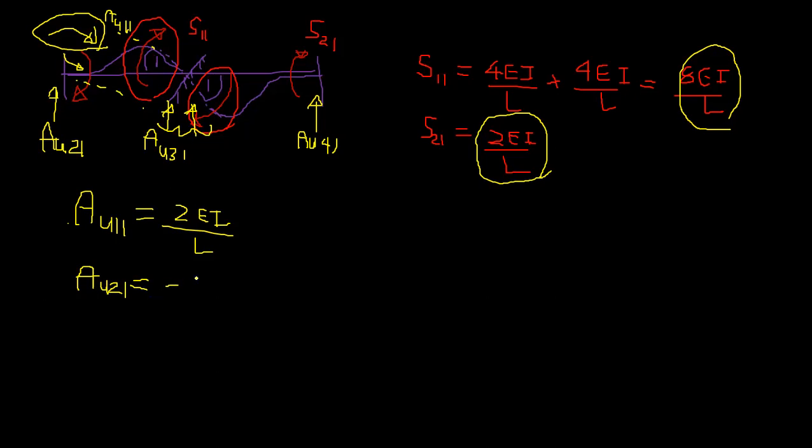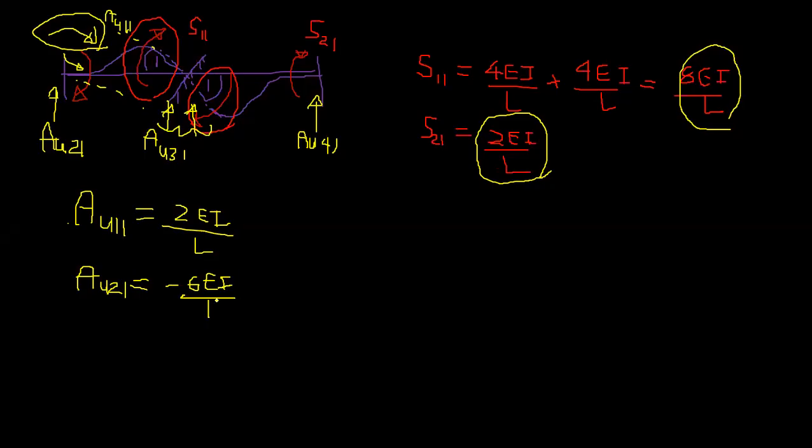So this brings you minus 6EI over L. I don't remember, it's L squared. Yes, it's L squared. Doesn't matter, you can check it from the appendix as well.